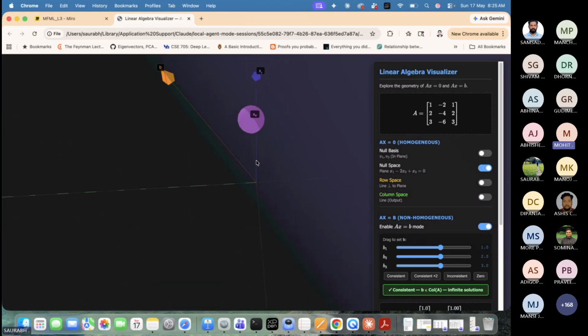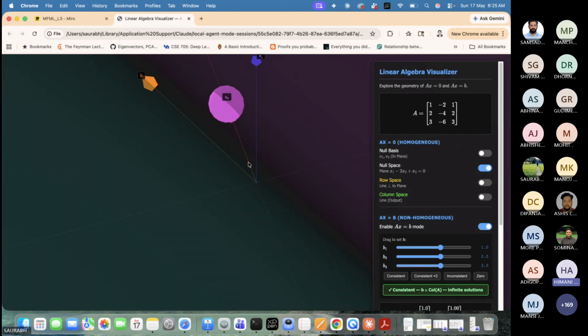This x_p is the anchor point. And purple, you are saying, is the solution space? Yes, the purple is the solution space. The anchor point is a part of the solution space.